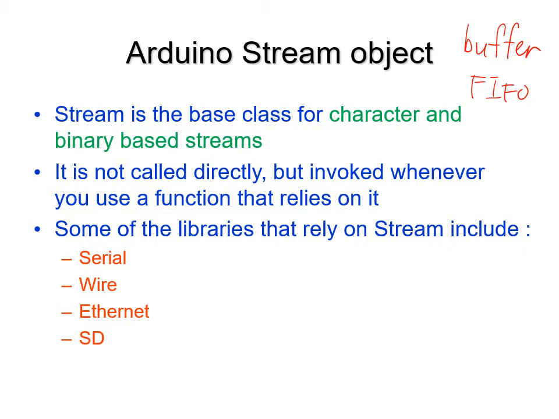Now normally the stream object will not be directly called, and it will be invoked in any function that relies on it, and you can find the stream object in the serial object, WiFi object, Ethernet object, or SD card object.